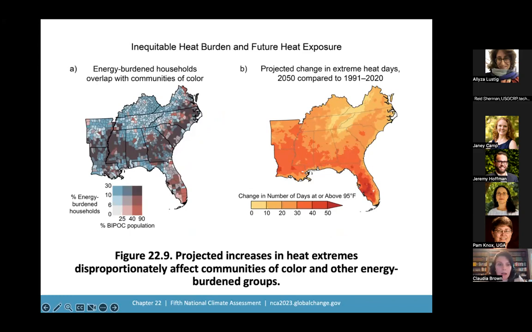And the percentage of low and moderate income households with a high energy burden, which means households that spend disproportionate amounts of their income on energy costs relative to their income. So demonstrated by this map on the right is that these communities will also experience some of the greatest increases in the number of extreme heat days due to climate change. Next slide.